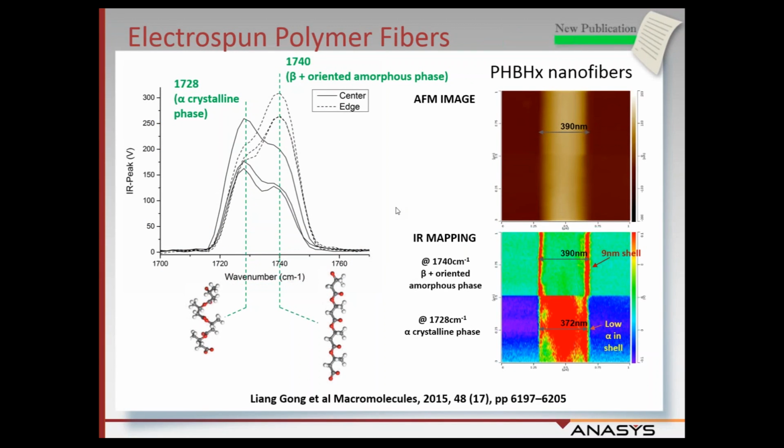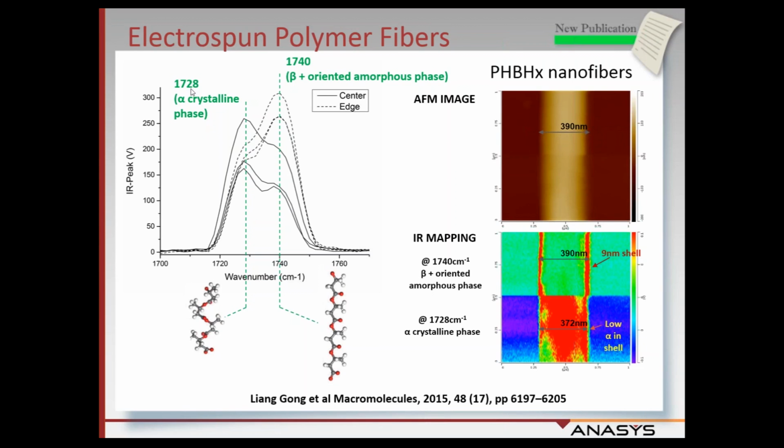A really nice example, and we have a whole webinar on this, as I mentioned earlier, by John Raybald, is electrospun polymer nanofibers. What they were able to discover, looking at these small nanofibers, is that these fibers form a core-shell structure that has two different phases, a crystalline phase and an amorphous phase, and that these two phases have slightly different peak positions for the carbonyl band, 1728 versus 1740.